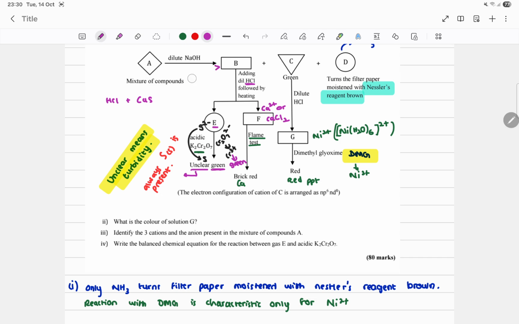This is CaS, because here S2- is there, here calcium 2+ is there. Then CaS forms CaCl2 plus H2S. So E is H2S, F is CaCl2.